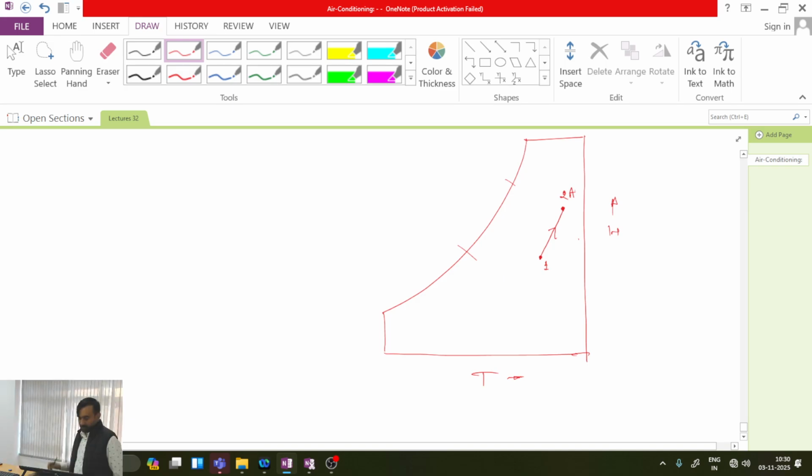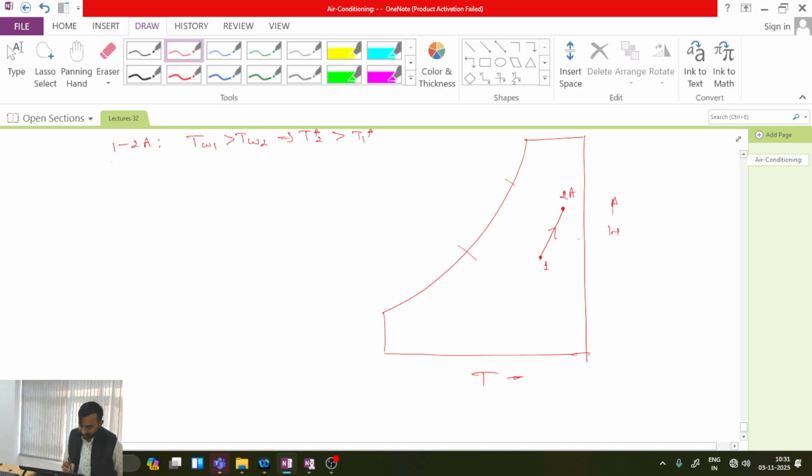Is this one clear? So the 1 to 2A process is possible when TW1 is greater than TW2, and in this process the wet bulb temperature of state 2 is greater than the wet bulb temperature of state 1, which is clear from the corresponding saturation enthalpy states.